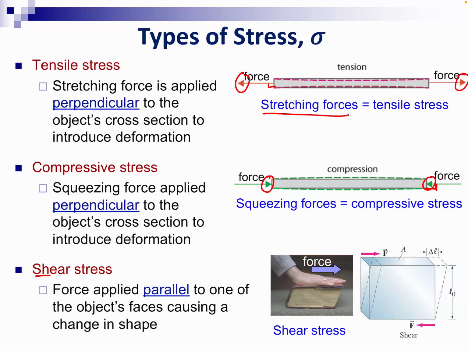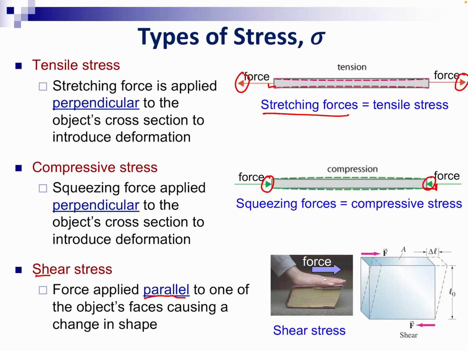Notice how the book deforms like this, like in the figure here. So the difference between tensile and compressive stress versus shear stress is the direction in which the force is applied. For shear stress, the force is applied parallel to one of the object's surfaces.